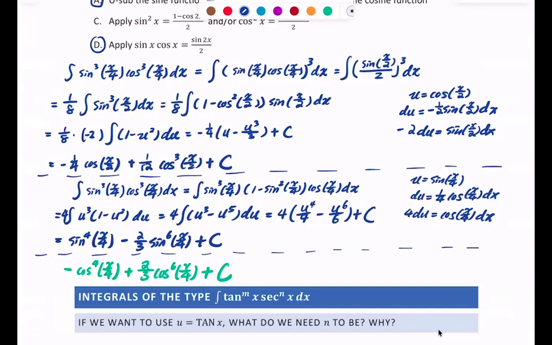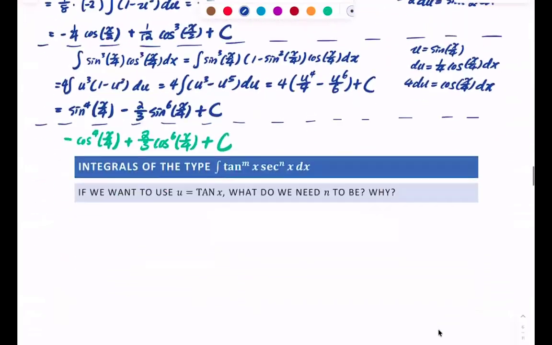But as you can see, the foundation for this kind of problem is actually u-substitution. So if you have solid skill for u-substitution, it's easier for you to figure out what to do. So we figure out and practice the sine and cosine integration.